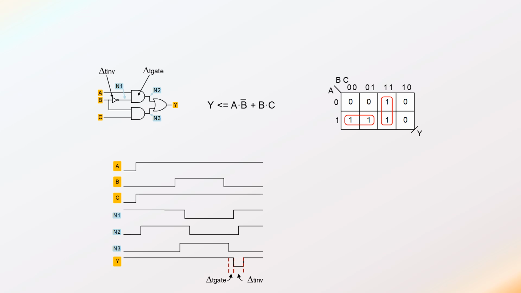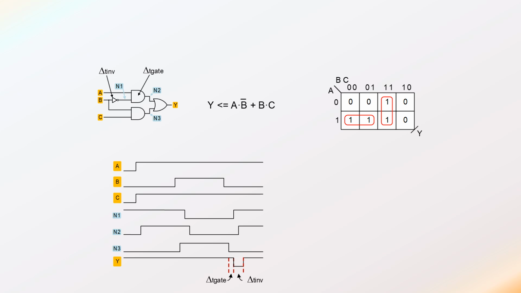So I'm showing that this low period is going to be the same amount of time as the delay through the inverter. And I'm also showing that the OR gate has a little bit of delay, and I'm showing that as a delta T gate.